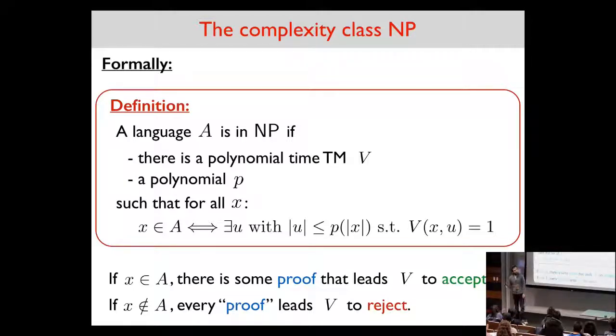If you think about the satisfiability problem once again, if you give me an unsatisfiable Boolean formula, it doesn't matter what proof you try to give me. You might give me any assignment to the variables you want. When I plug it in, I will see that it doesn't satisfy the formula because it's unsatisfiable. So you cannot trick me into thinking that an unsatisfiable Boolean formula is actually a satisfiable one. I will be able to tell the difference.